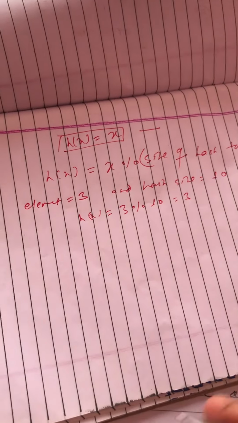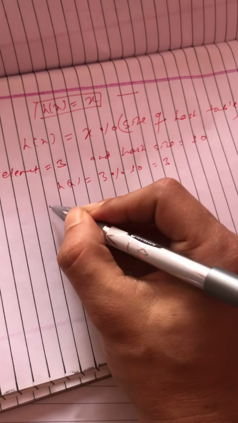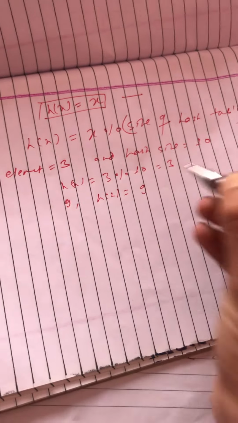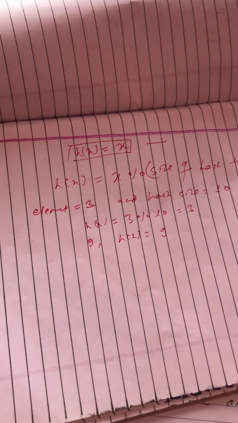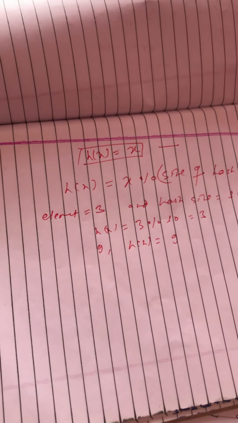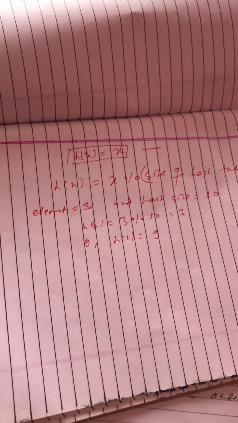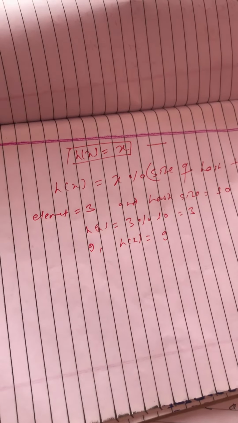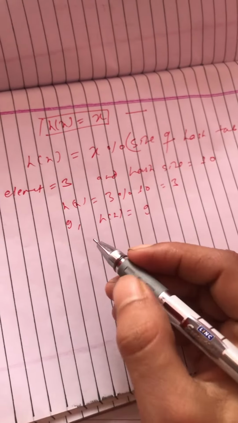Similarly for element 9, h(x) would be 9 and it will be stored in index 9. But there can be issues even after using the hash function. Let us take the example 13.